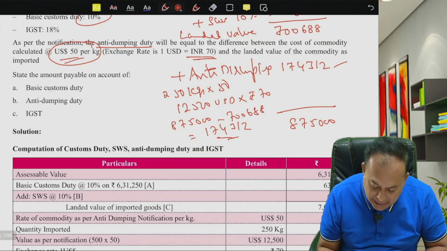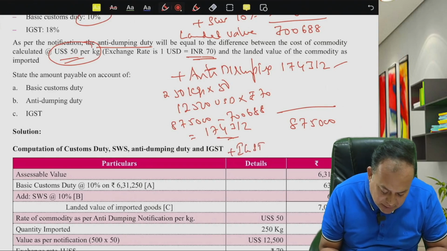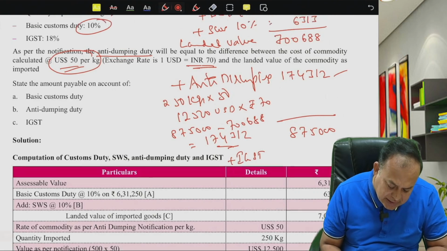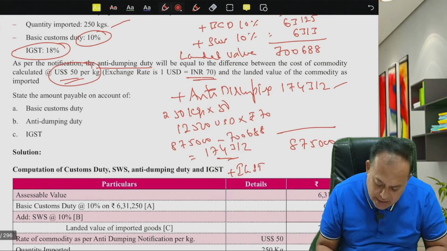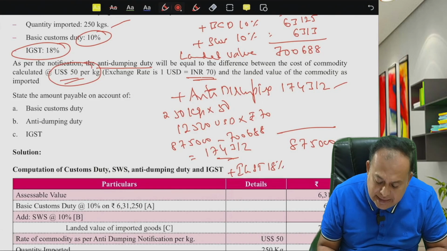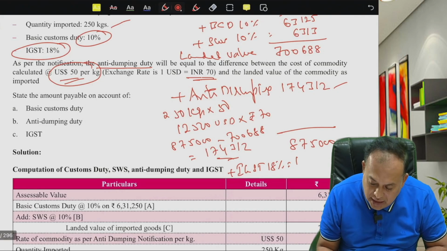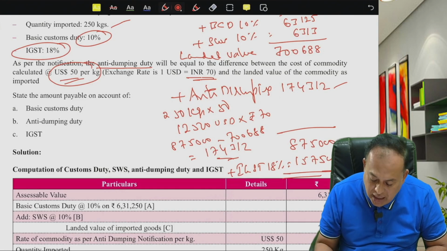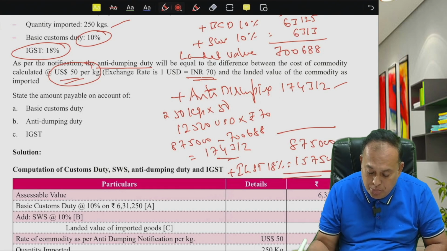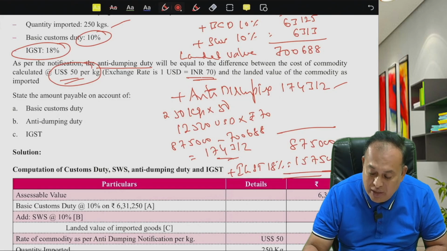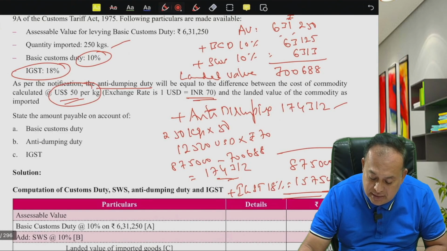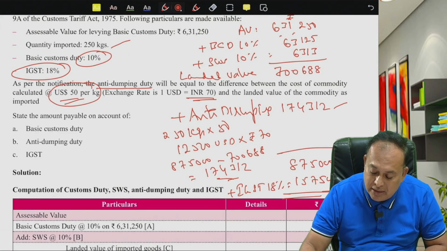Now apply IGST. What is given here for IGST? They have given the IGST rate as 18%. So 18% on what? On the entire 8,75,000, 18%, which is 1,57,500. So total duty is IGST 1,57,500 plus the anti-dumping 1,74,312 plus our BCD 63,125 plus SWS 6,313.